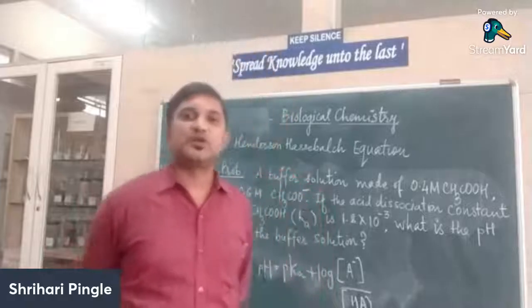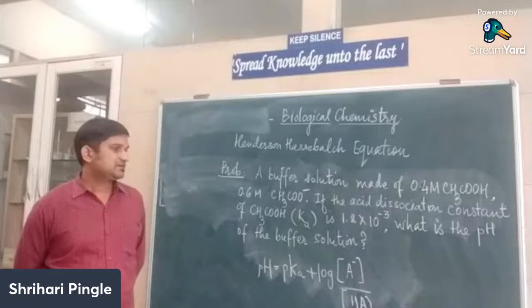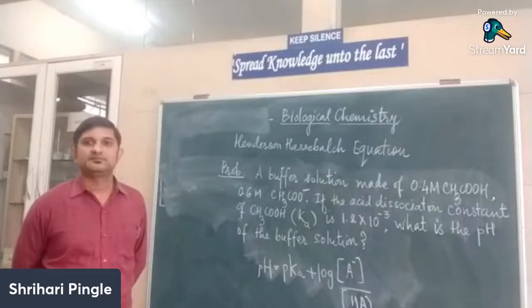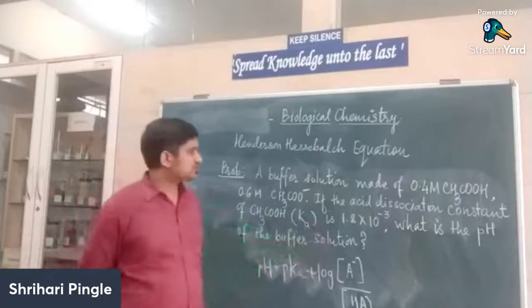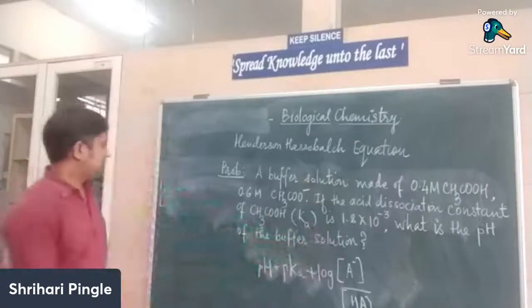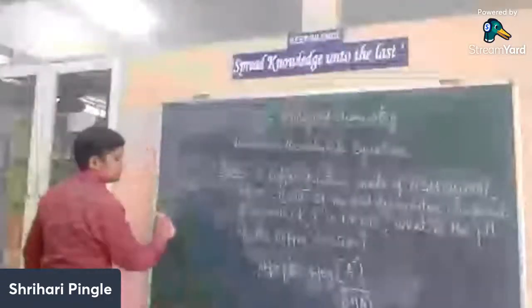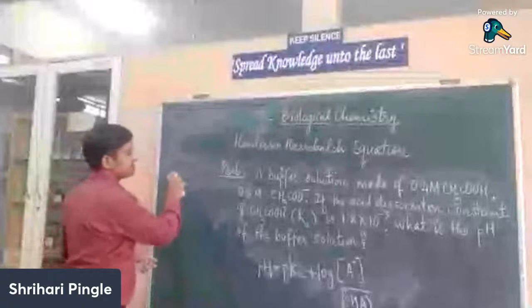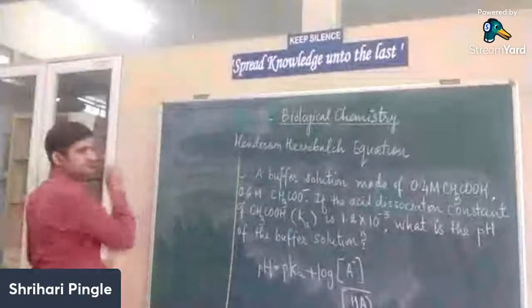Try to put the corresponding values in the formula. And after putting the values, what is the next step that you get? So I will maybe ask somebody to come over here and write the next steps here.